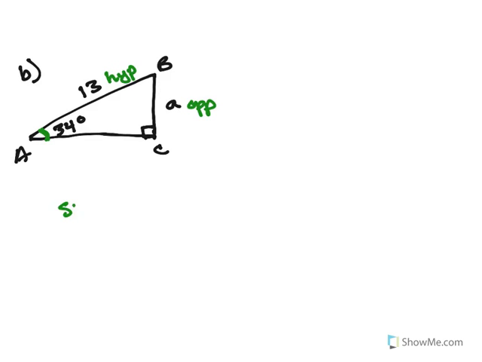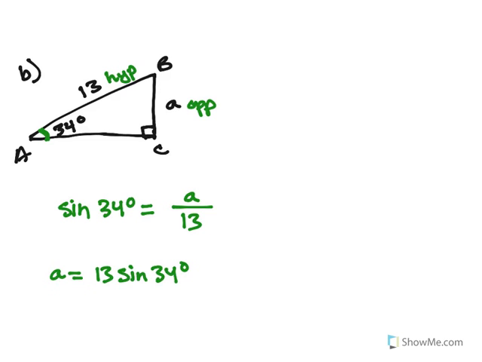So we're going to set this up as sine of 34 degrees equals A over 13. We multiply both sides by 13. And we need to evaluate 13 times sine of 34 degrees in the calculator and round to the nearest whole number. And you should get 7.